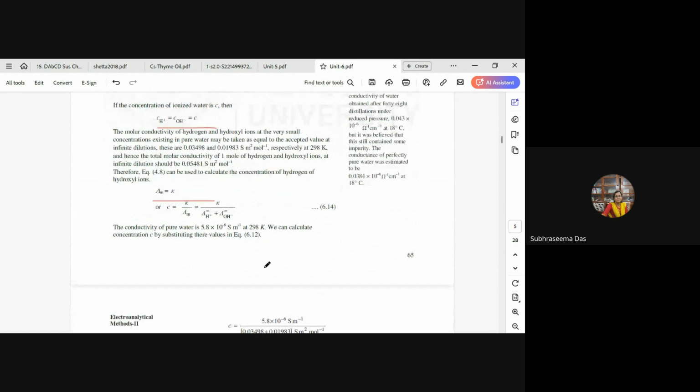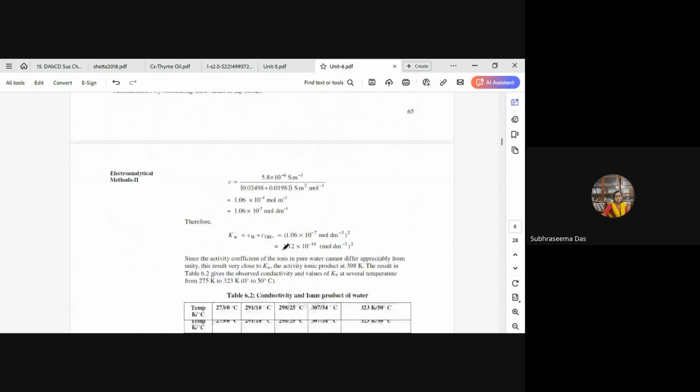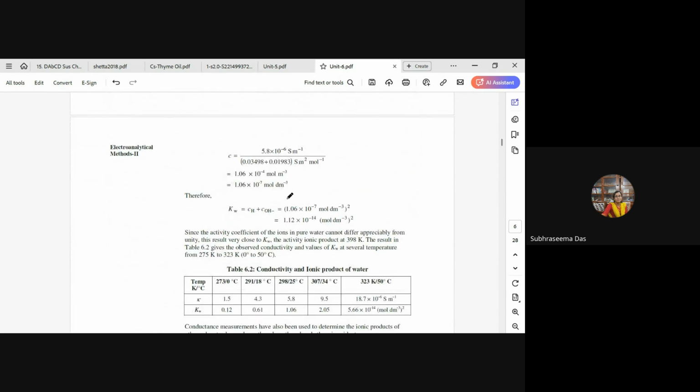The conductivity of pure water has been found to be 5.8 into 10 to the power minus 6 Siemens per meter at 298 K. We substitute this value in equation 6.12 and find the value of Kw. By this method, Kw comes to be 1.12 into 10 to the power minus 14.